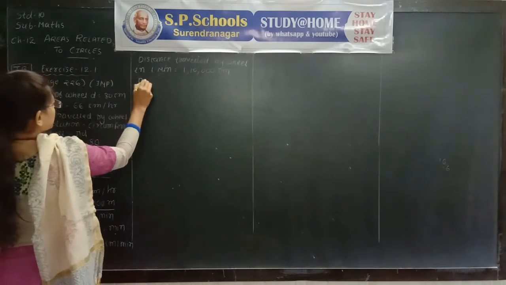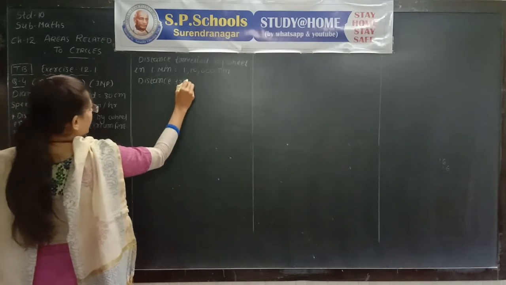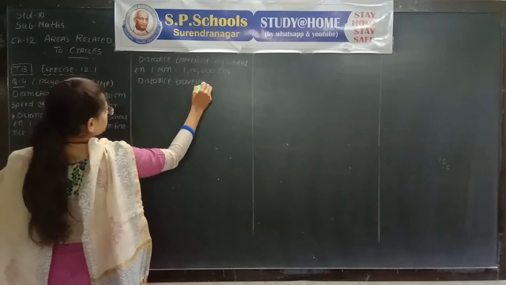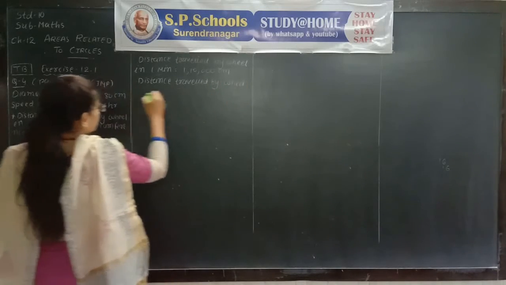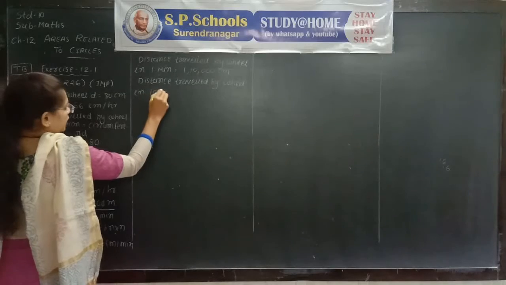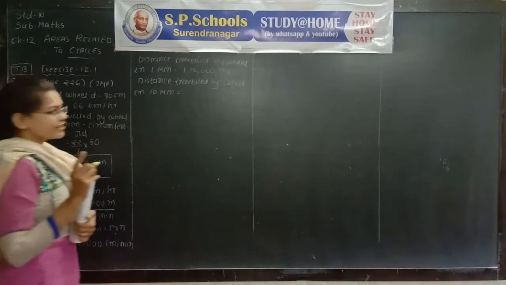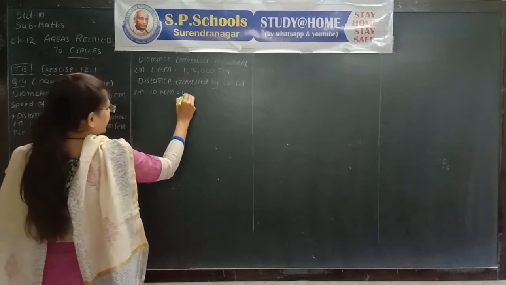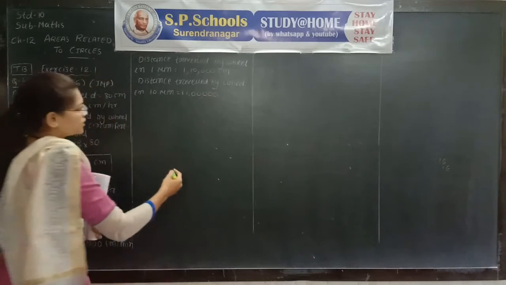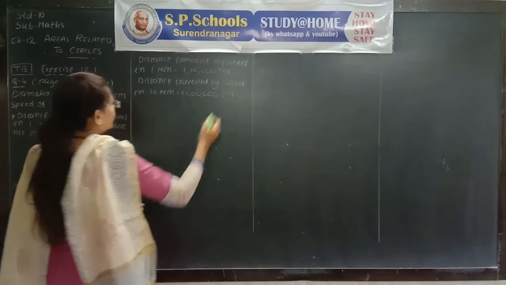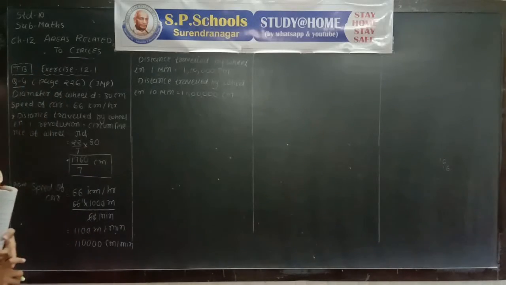Therefore, the distance traveled by the wheel in 10 minutes is equal to, we multiply the distance per minute by 10, so 11 lakh, one 0 is added. The unit is centimeter. It is the distance traveled by the wheel in 10 minutes, 11 lakh.